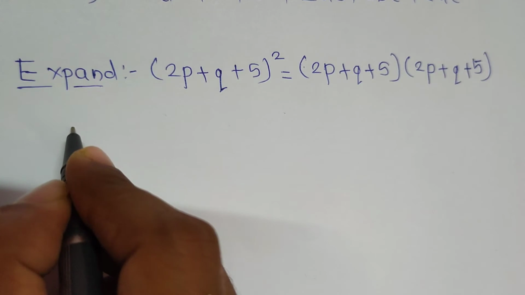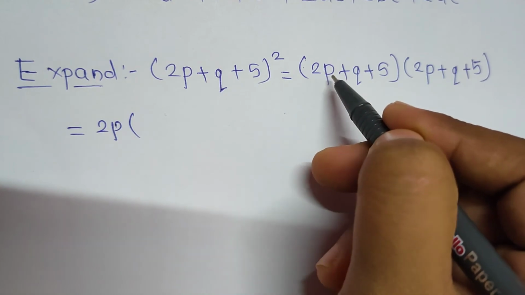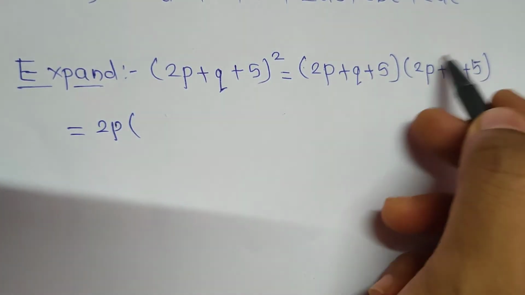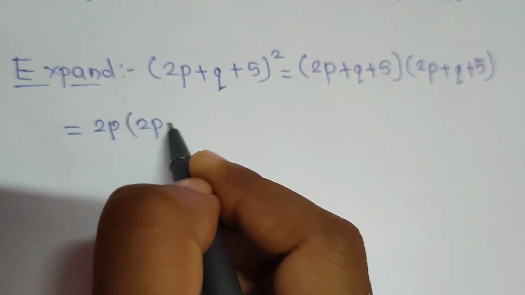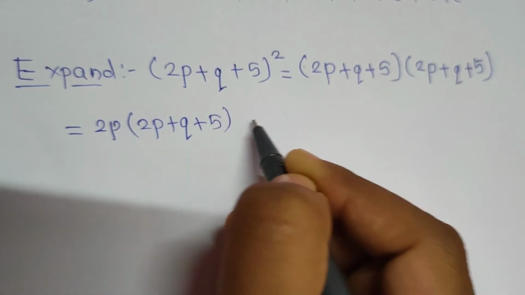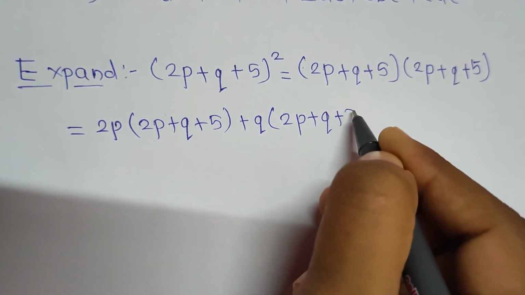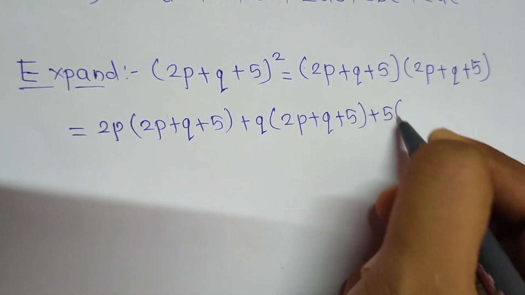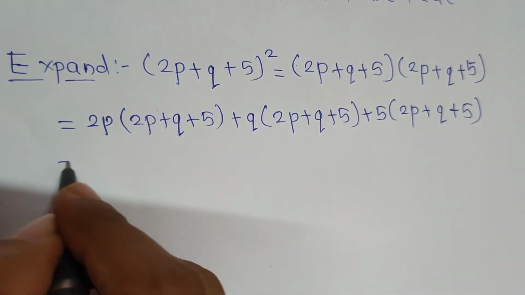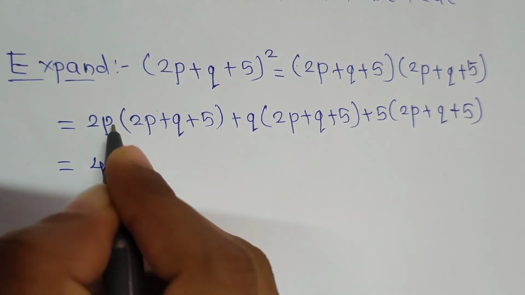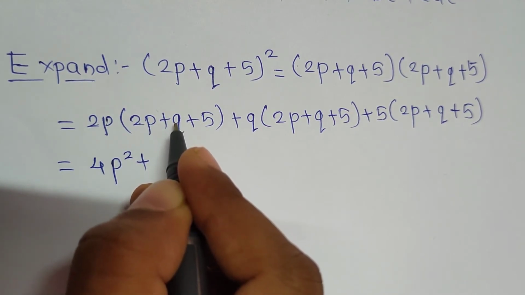This is equal to 2p into this whole bracket. First component into whole bracket plus second component into whole bracket plus third component into whole bracket. So 2p into (2p + q + 5) plus q into (2p + q + 5) plus 5 into (2p + q + 5) is equal to 2 2s are 4, p into p, p square, plus 2 into, there is no number here, that means it is 1.